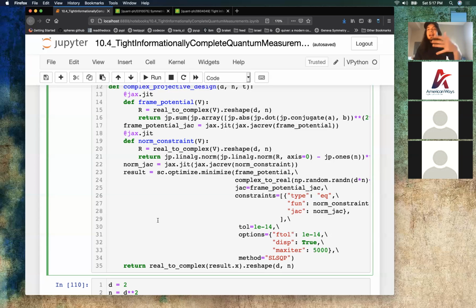Whereas last time, I talked mainly about this stuff in the real case, for a real vector space instead of a complex vector space. And there it's known that these SICs don't exist in all dimensions. They don't exist in dimension 4, dimension 5, whatever. So it's known for real vector space that SICs don't generally exist.